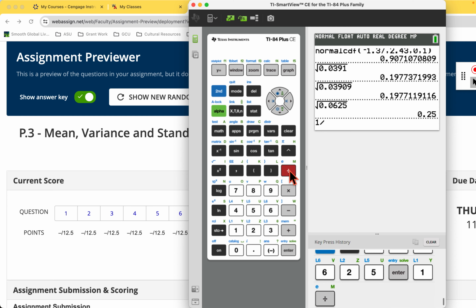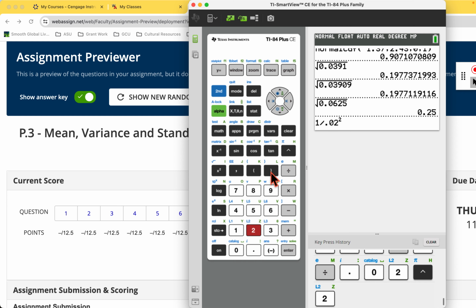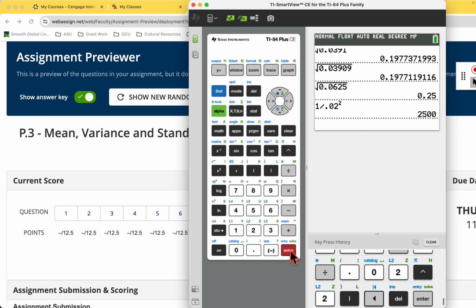One divided by 0.02 squared. 2,500. And then remember, for the standard deviation, how do I get the standard deviation?